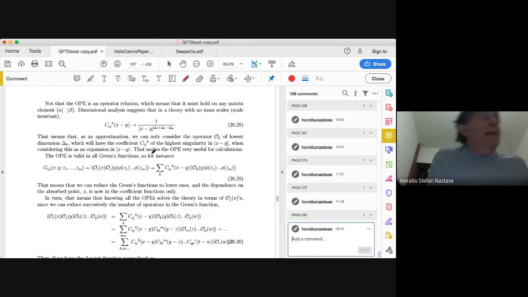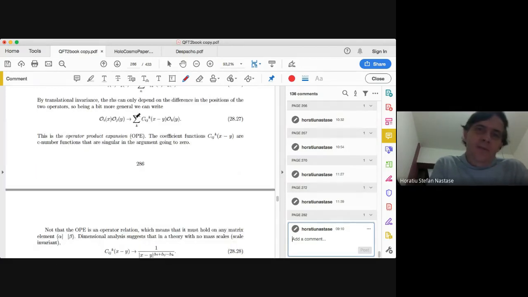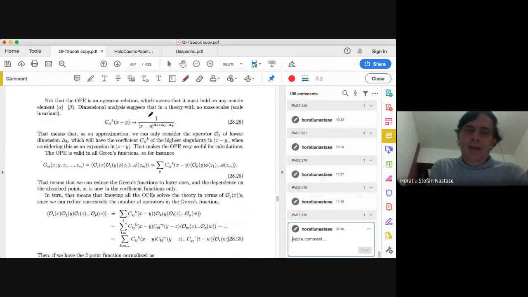That particular fact makes this very useful for calculations. Of course, if I had to introduce all of the possible operators in the theory, the complete set, that would be a nightmare. But since I can approximate with the most singular coefficient times the corresponding operator, that makes it very useful.